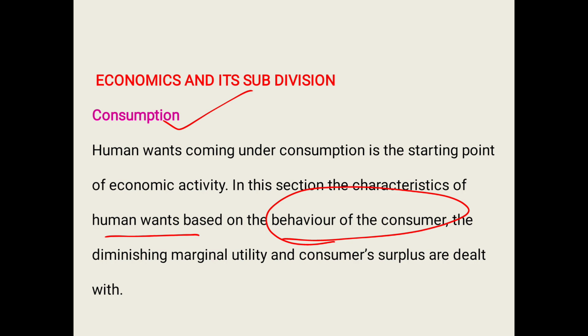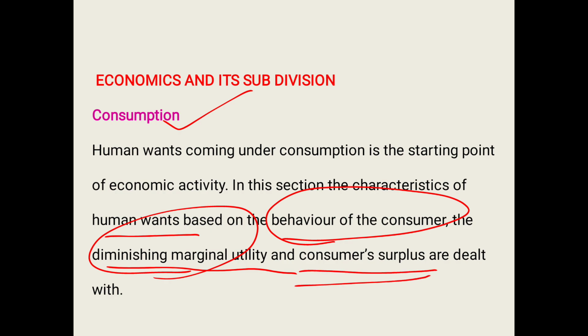Next, we have diminishing marginal utility. As we keep on consuming more and more, what happens to the resources? They have been utilized. And what happens to the utility when you keep on consuming constantly? It keeps on diminishing. So, diminishing marginal utility and consumer surplus.